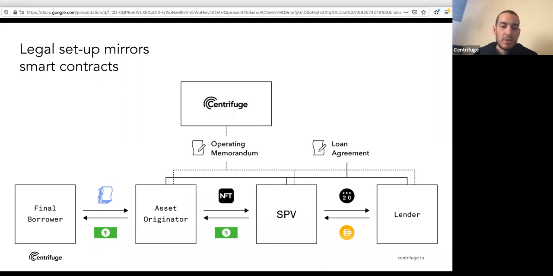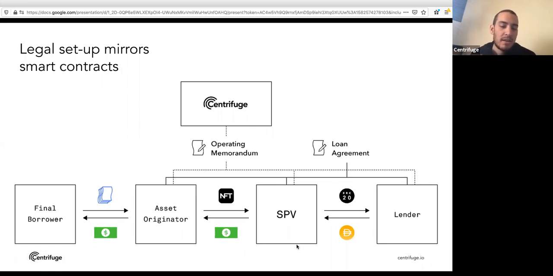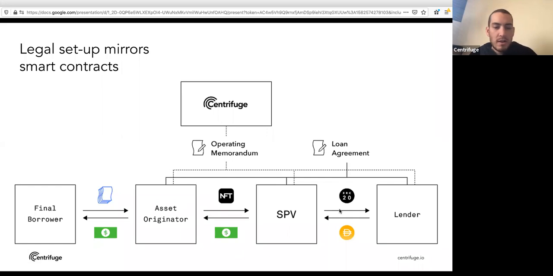And so the way we do that is we use a legal framework that is fairly established in the traditional world. Debt funds are structured in a way that they have a special purpose vehicle, which is just a specific legal entity that is created with the sole purpose of managing the assets on one side and managing the debtors on the other side.